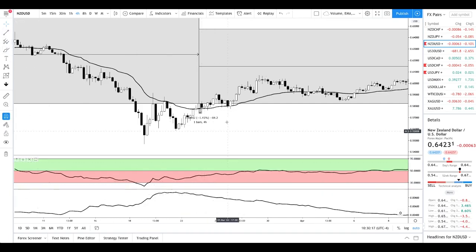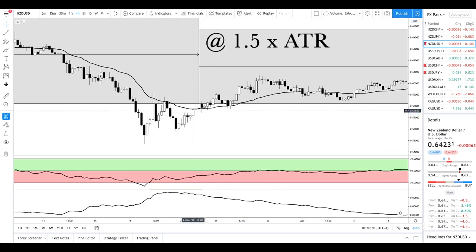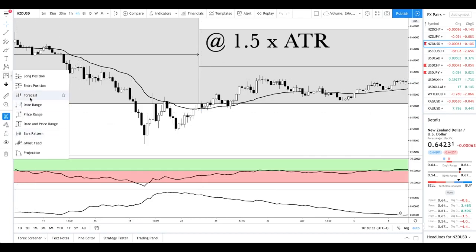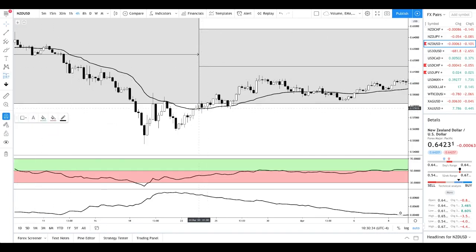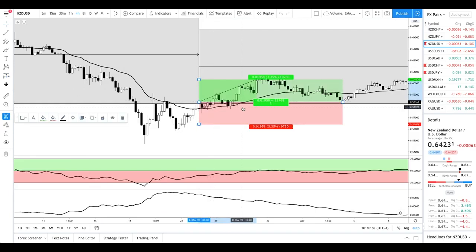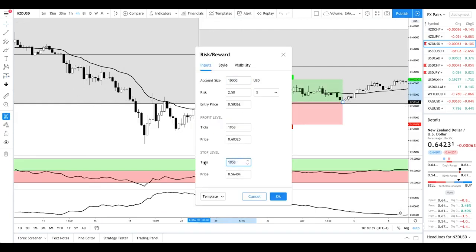So basically, at this point here, we had roughly 87 pips. So roughly a 130 pip stop loss. So stop level 130.